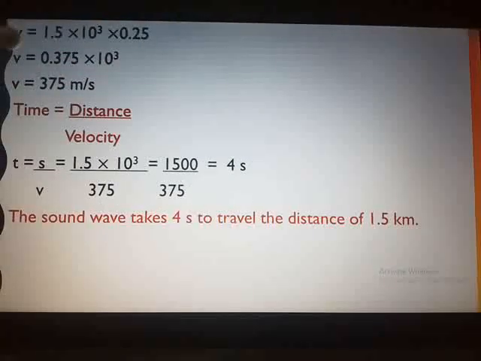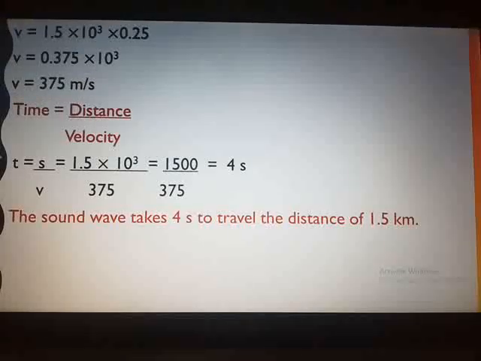So v is nu, that is 1.5 into 10 raised to 3, frequency, multiplied by wavelength 0.25. When you multiply 0.25 into 1.5, you will get 0.375 multiplied by 10 raised to 3, that is nothing but 1000. So when you multiply this by 1000, you will get 375. As it is velocity, unit is meters per second.